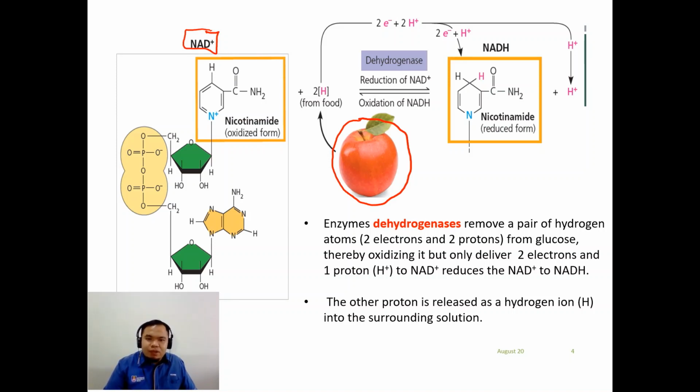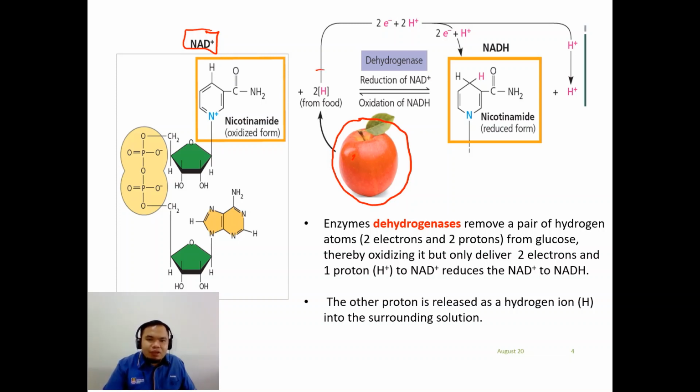The enzyme dehydrogenase removes a pair of hydrogen atoms, which is 2 electrons and 2 protons, from glucose. The electrons and protons are removed from glucose, thereby oxidizing it, but it only delivers 2 electrons and 1 proton to NAD plus, thus reducing NAD plus to NADH.